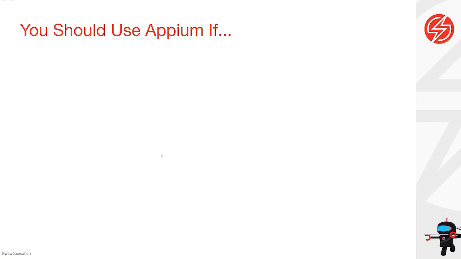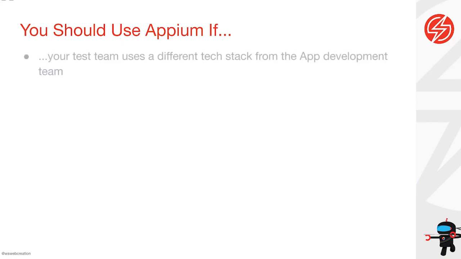So here's when you should and should not use Appium. If your test team uses a different tech stack from the app development team, you should use Appium, in my opinion. Because if you are a QA team, if you're a QA lead, and this has been my experience through most of my career, I'm a QA lead, and my team is made up of Java or JavaScript developers or experts.